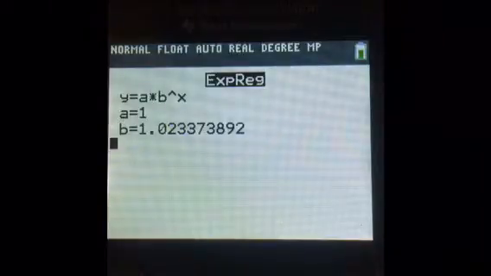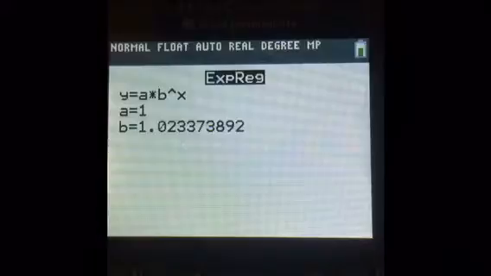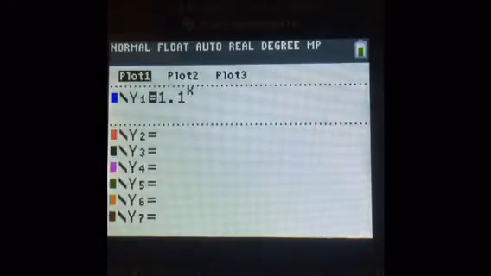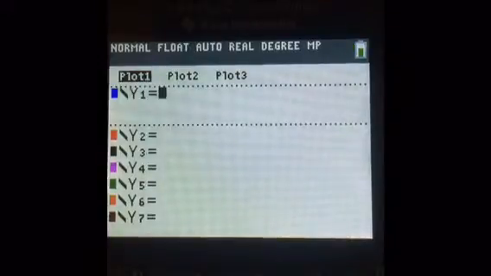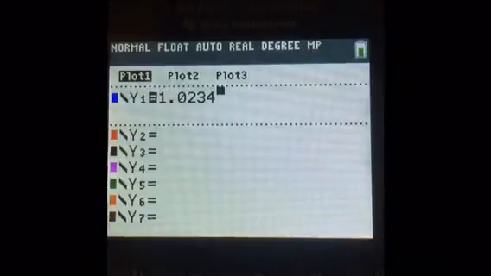1.023373892. Now for convenience, we are going to round b to the nearest ten-thousandth. So we'll have 1.0234. So we're going to go ahead and put that into the calculator. 1.0234 to the x, and we will graph.